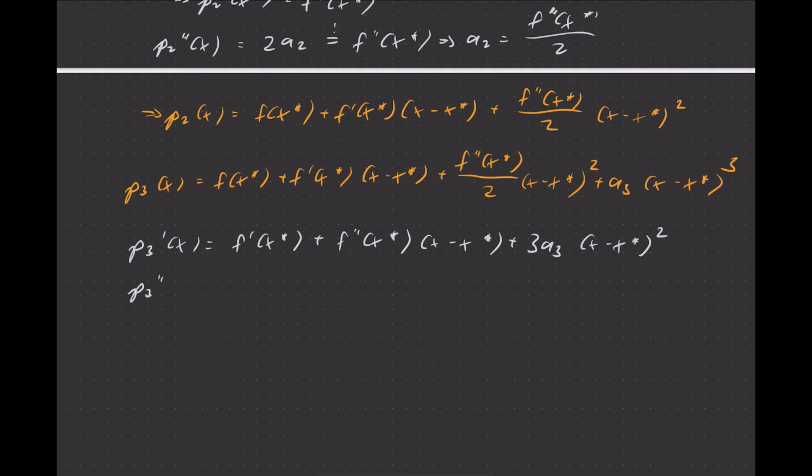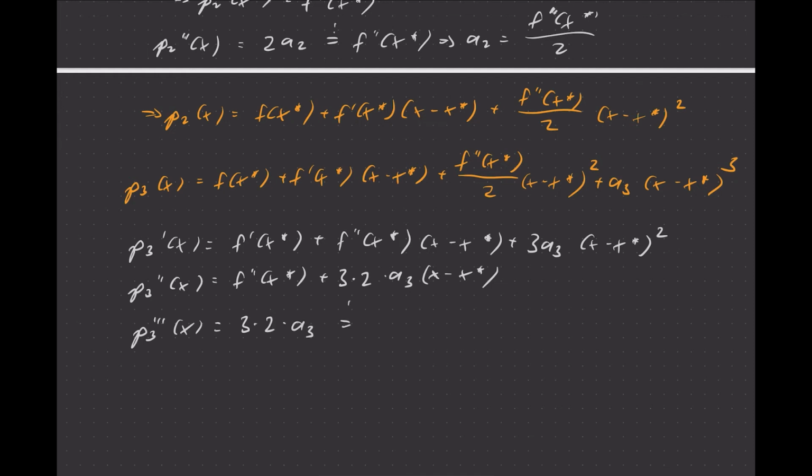Then one more step, P3 double prime will then be f double prime at x star plus 3 times 2 times a3 times x minus x star. And finally, P3 triple prime will be 3 times 2 times a3.